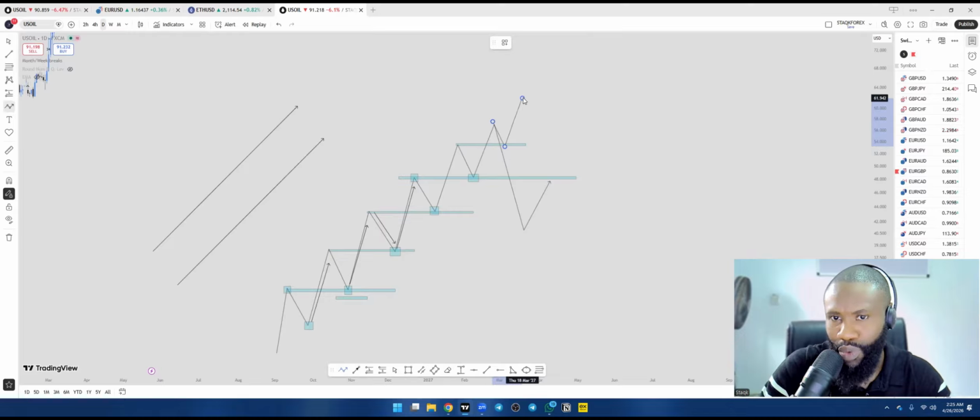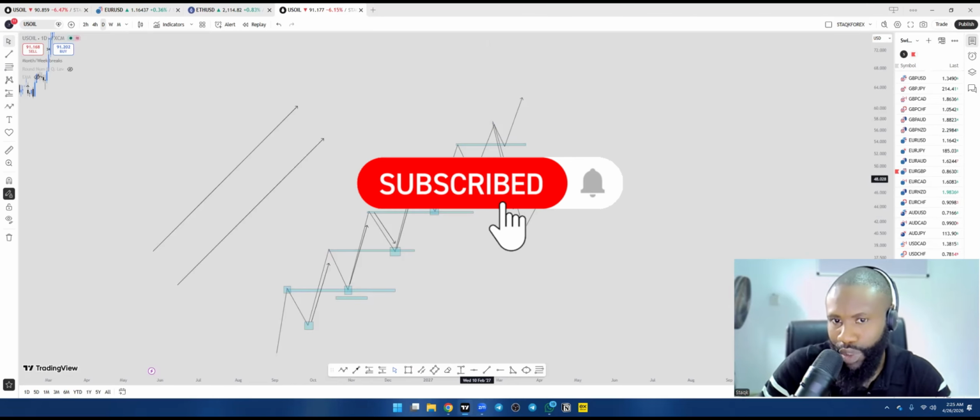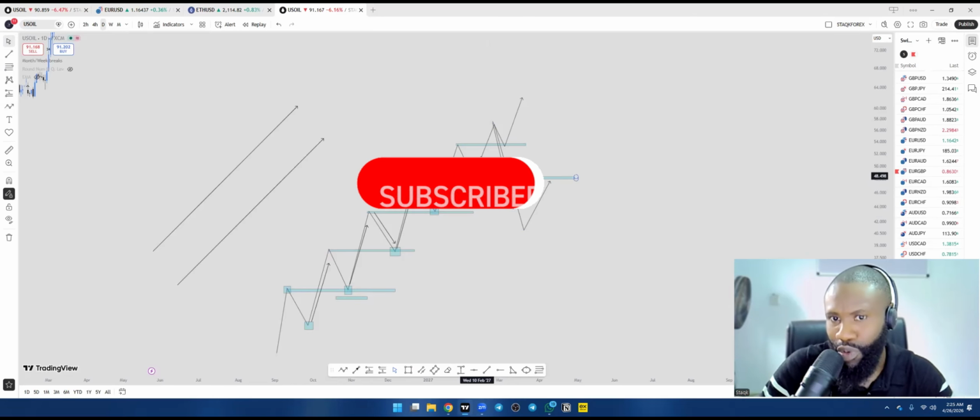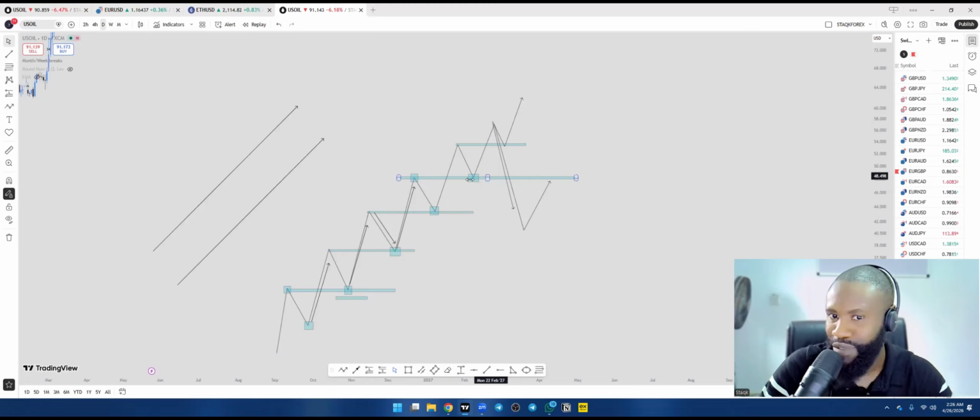So it fails to do that. Then price now did this. Are you getting me now? So meaning this recent low that was created before the push to the upside has failed to hold the price for continuing to the upside.